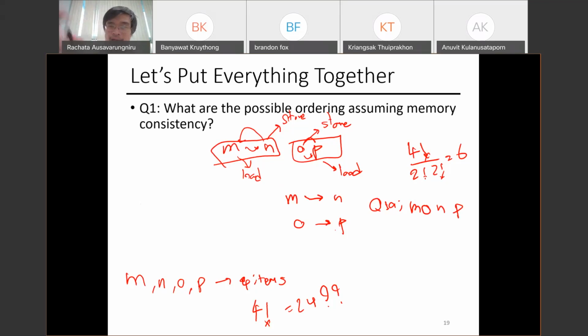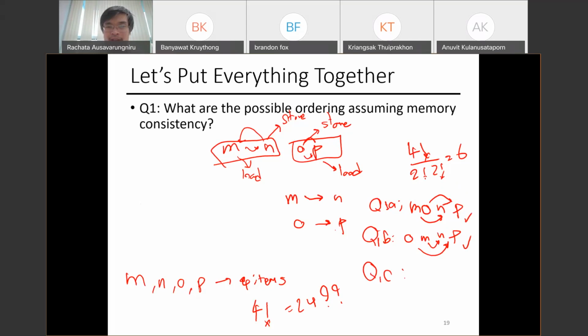This is okay. Why? We just know that M should happen before N, O should happen before P. Question 1B. What about O, M, N, P? M happens before N, O happens before P. This is also okay.